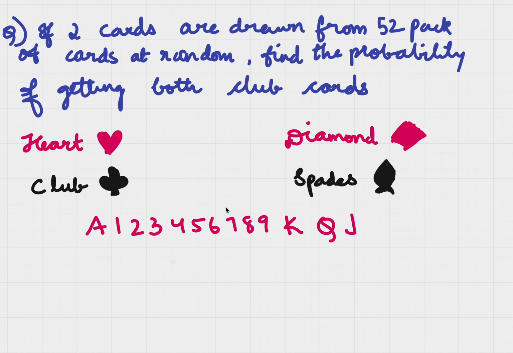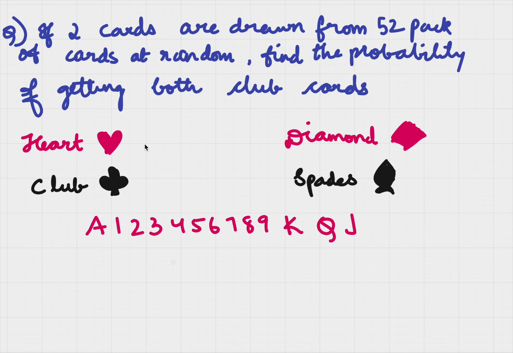If 2 cards are drawn from a 52 pack of cards at random, find the probability of getting both club cards. A deck of cards is a very commonly asked topic in probability. With a deck of cards, we have a lot of questions that are framed.